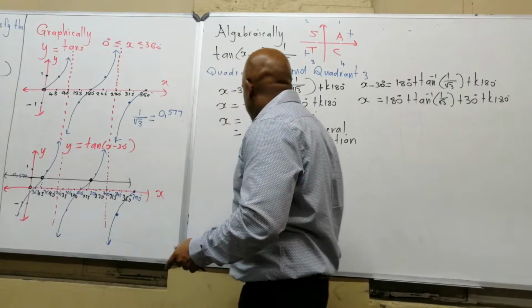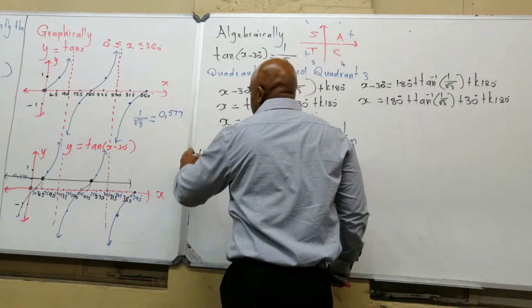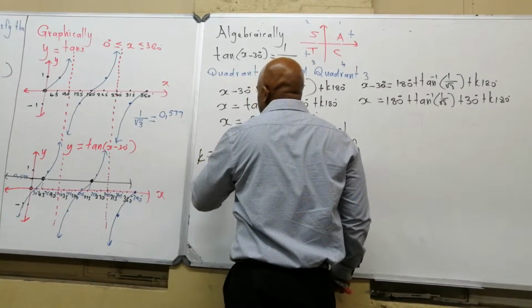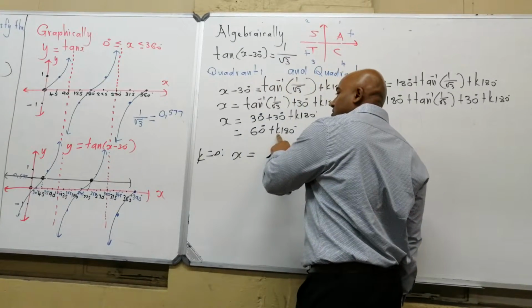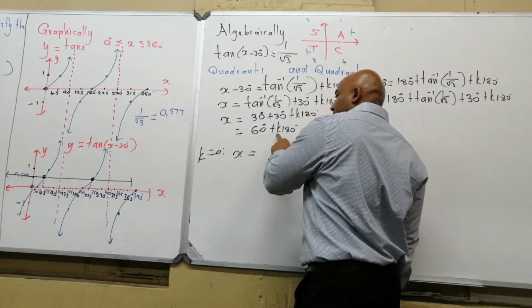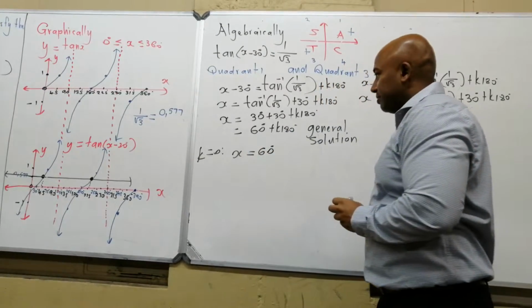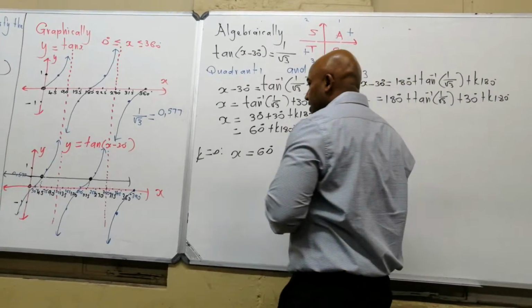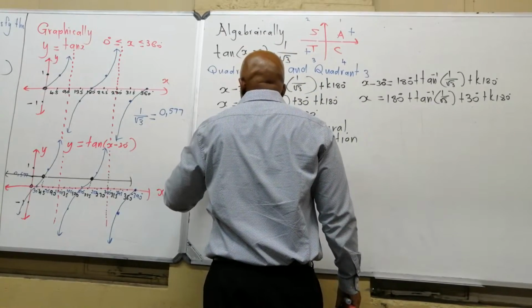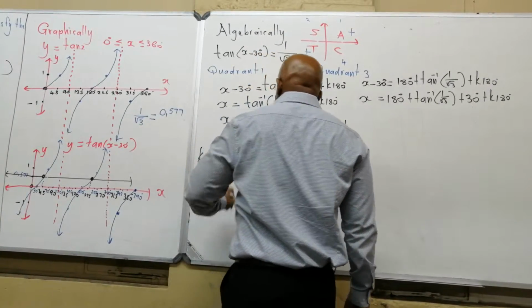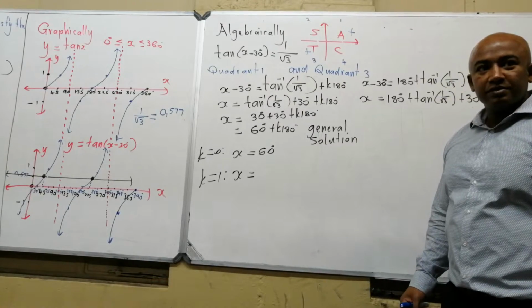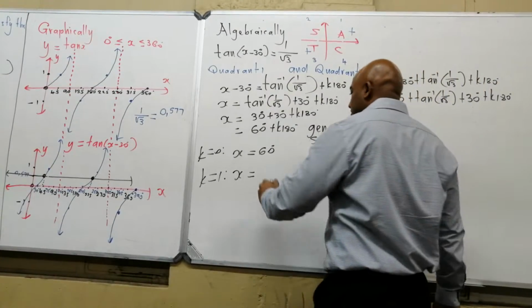So what we do is we will substitute values for k. So let's put when k is equal to 0. If I put k equal to 0, what do I get? 0 times 180 plus 60 is 60 degrees. Okay. Then if I put k equal to 1, what will x equal to now? 240 degrees.